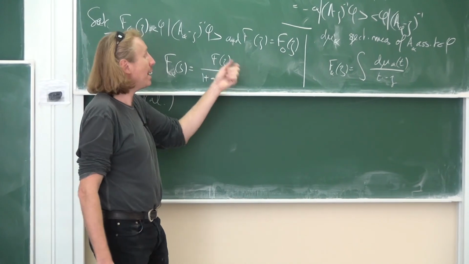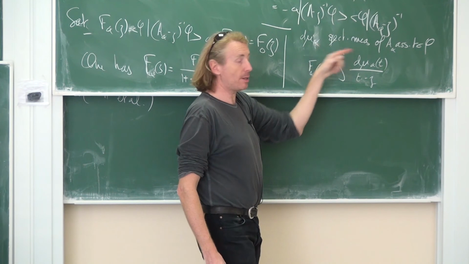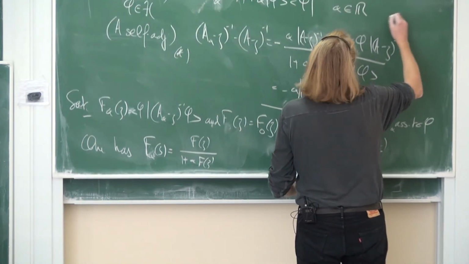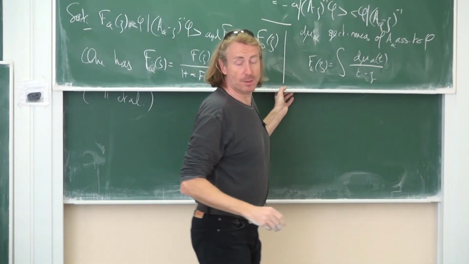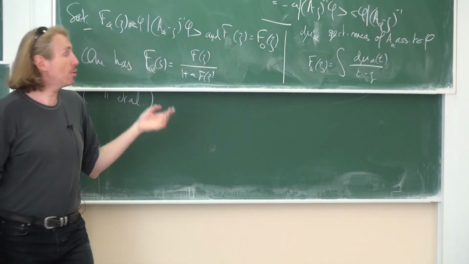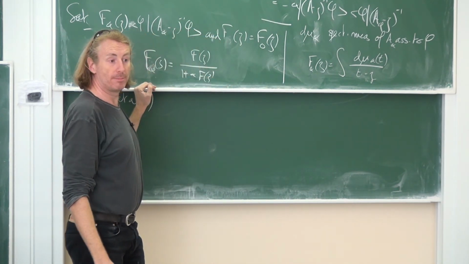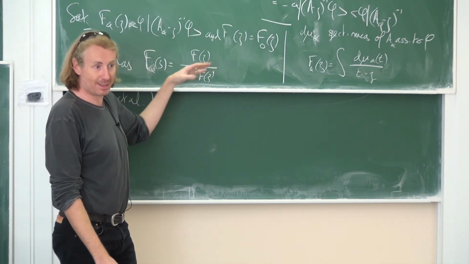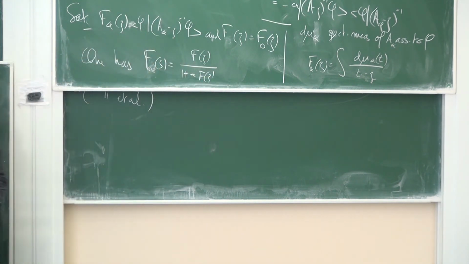You can associate to any probability measure mu, I assume that phi has length 1, so these are probability measures, a new measure, mu alpha, by this perturbation formula. And actually you can show that this gives you a measure, this bears the same kind of relationship. And of course this measure is given by the phi.